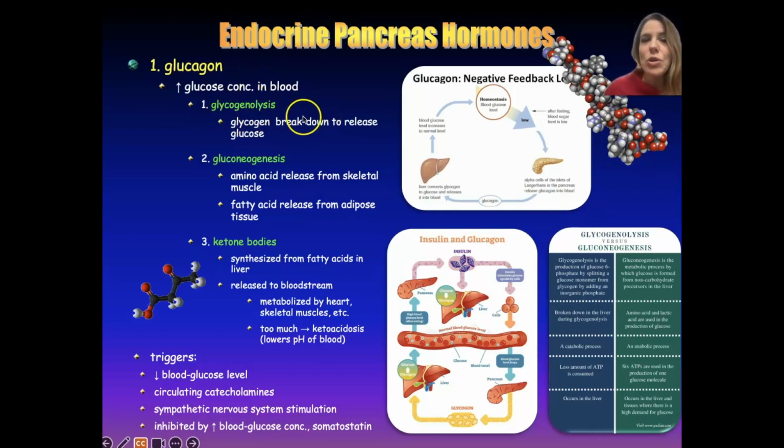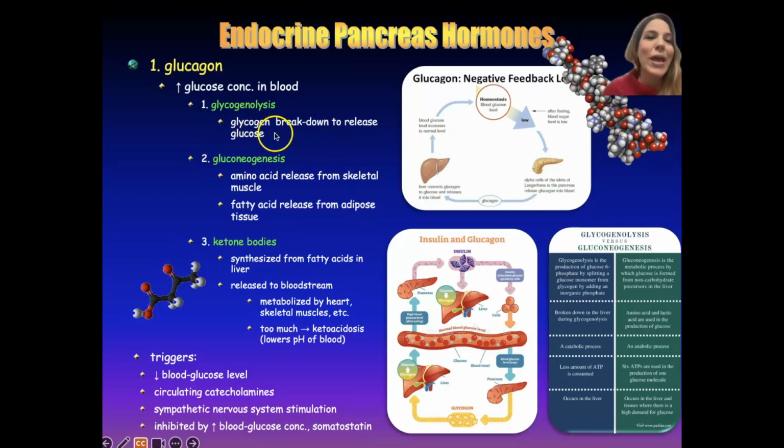So glycogenolysis is where glucagon is released by the endocrine pancreas. It's going to target cells in the liver and encourage them to break down that complex carbohydrate we've talked about once before called glycogen, which is made up of lots of little glucose molecules all strung together.